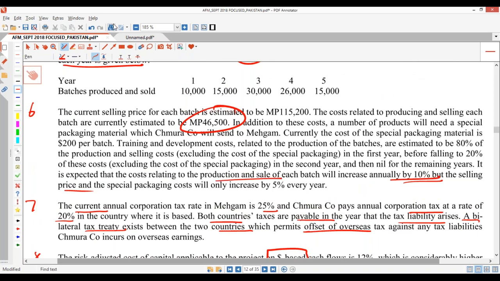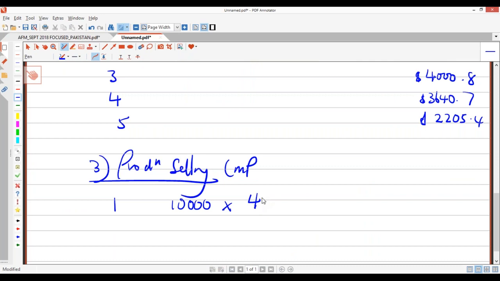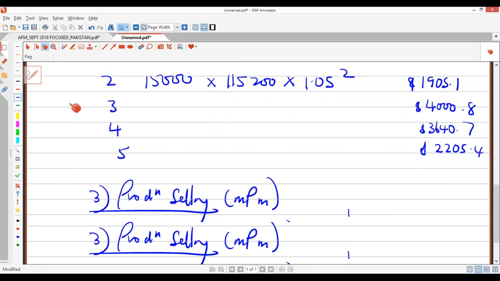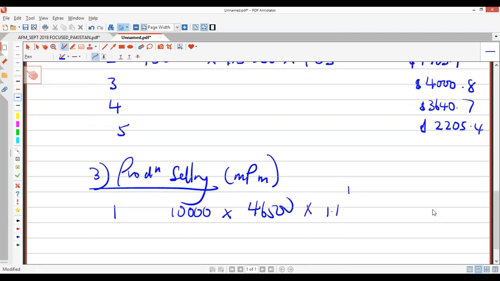This is production, so it's going to change by 10%. So multiplied by 46,500. This is already in Megan peso. I think I'm going to put in millions. Multiplied by 1.1 to the power of 1. That's going to give you an answer of 511.5.